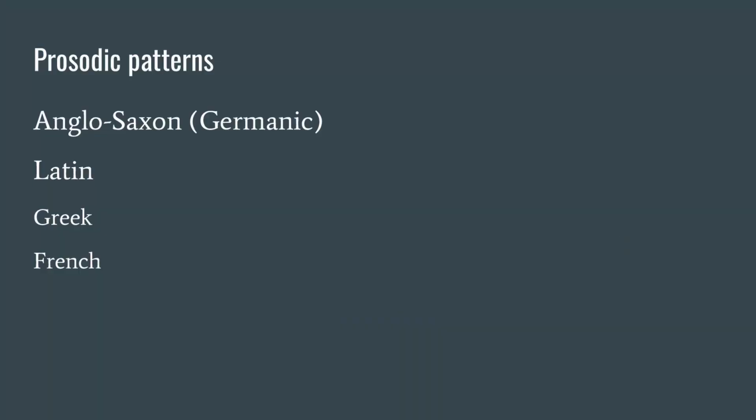You've got a lot of really common words that follow an Anglo-Saxon pattern. Then especially longer words, usually more academic and professional and technical words from Latin, that follow a Latin pattern. And occasionally you've got a Greek pattern, and occasionally you've got French patterns in English.